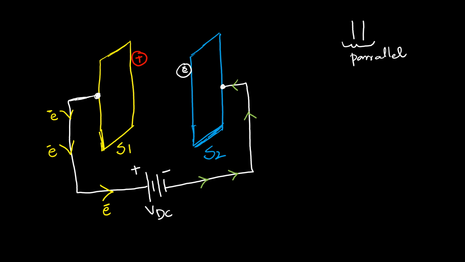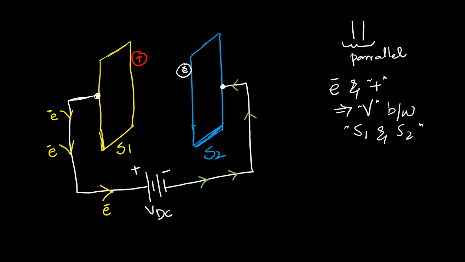Whenever electrons and positive charge are stored on the surfaces, there will be a creation of a potential difference between the S1 and S2 plates.